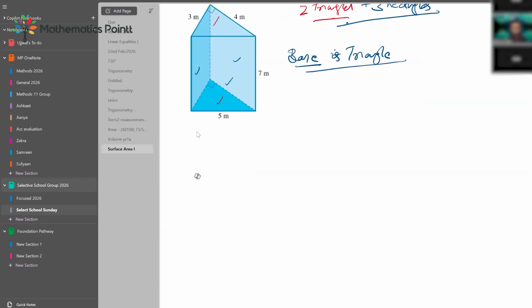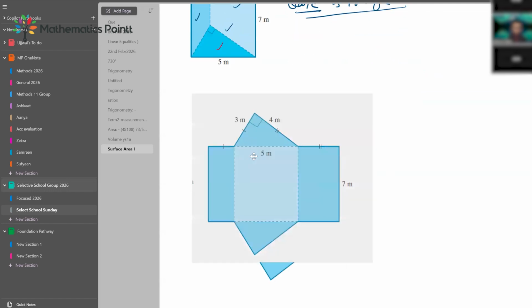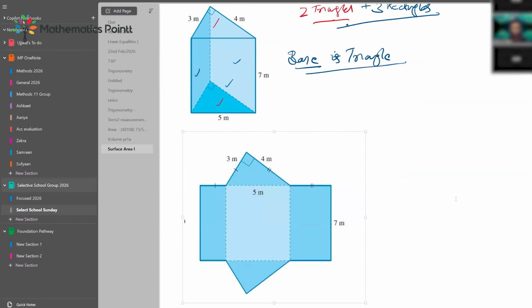When we open this up, that's how it looks. 5 faces you see here. We've got 2 triangles. When you open up a 3D object, it becomes a 2D object, right? And that is why we're talking about the surface area. And you've got 3 rectangles.